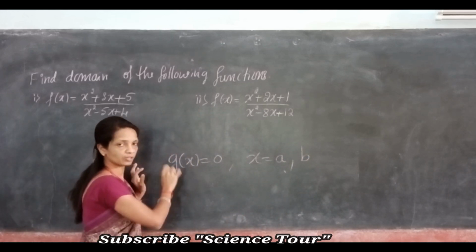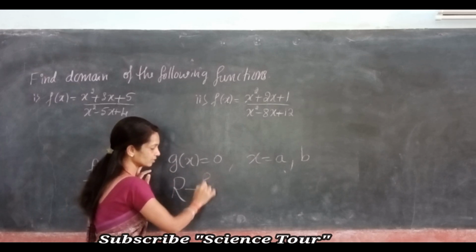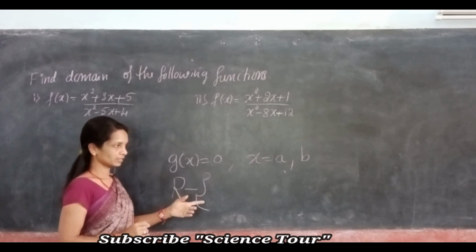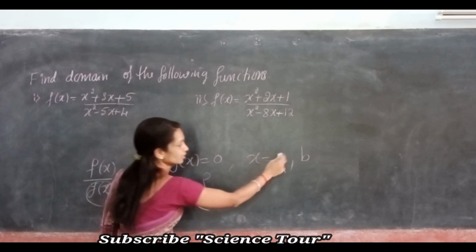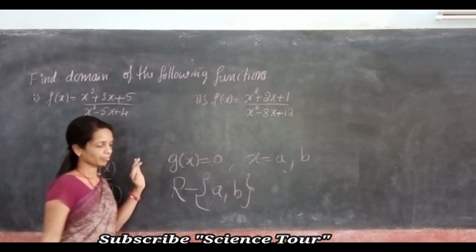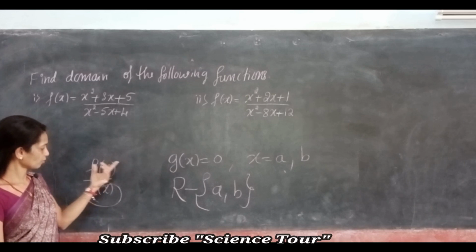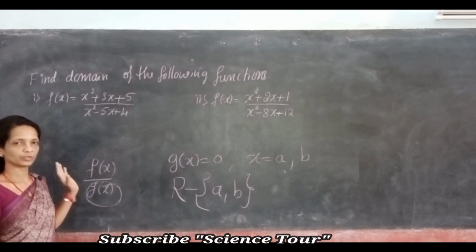how to write the domain of that rational function? R minus the set containing these two, a comma b. Okay. So this is the domain of the rational function f of x by g of x. What you have to do?